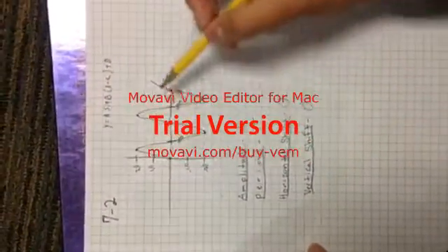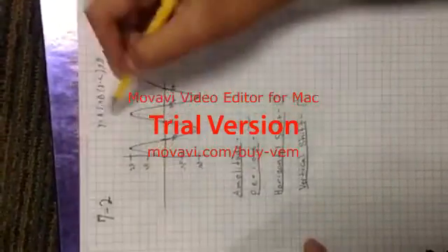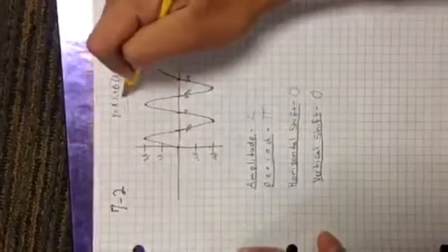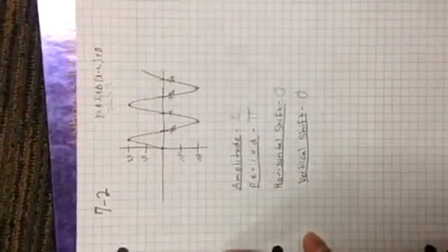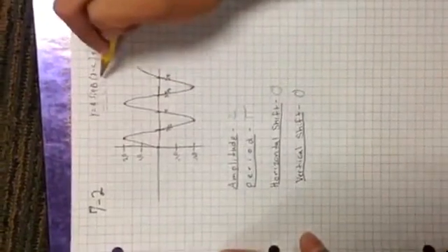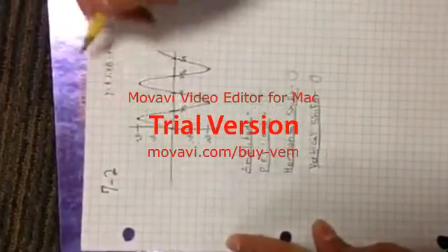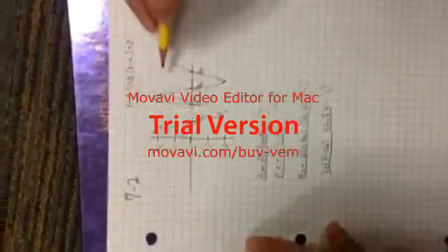So now, if we need the equation, we have A for the amplitude, so that'll be y equals 2 sine. And the reason why it's sine is because it's from middle, high, middle, low. And then for B, we don't need a B since the period hasn't changed.